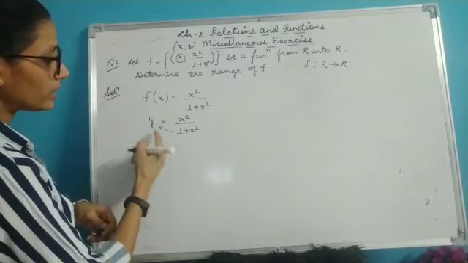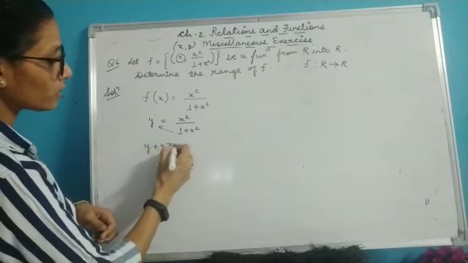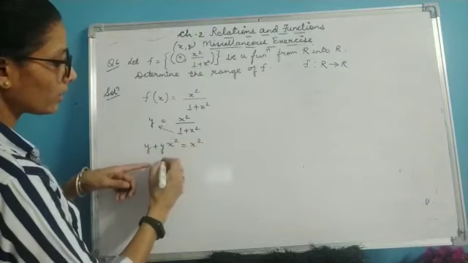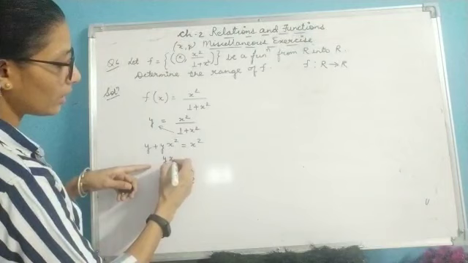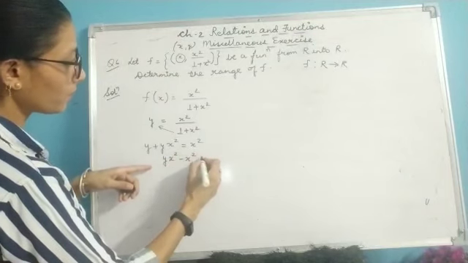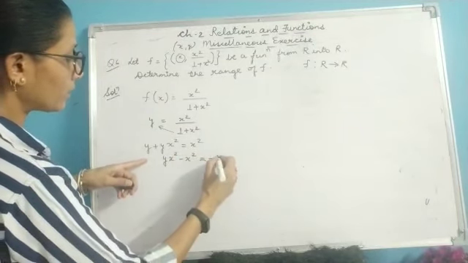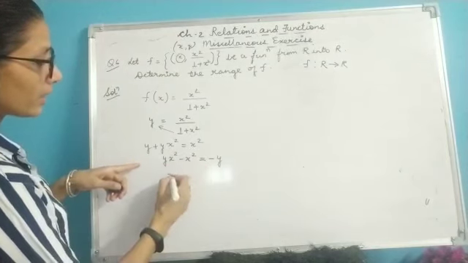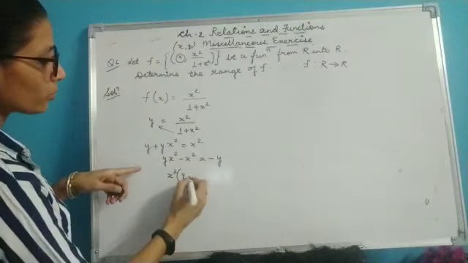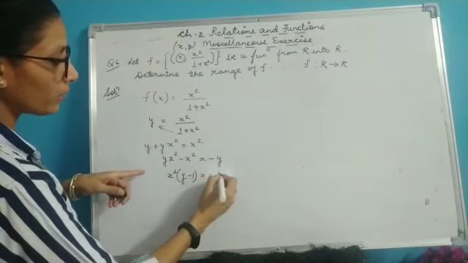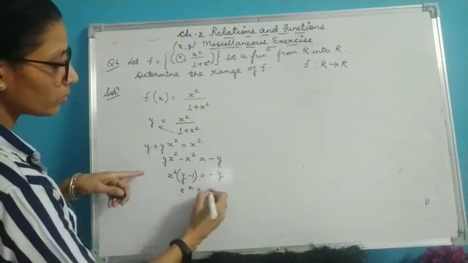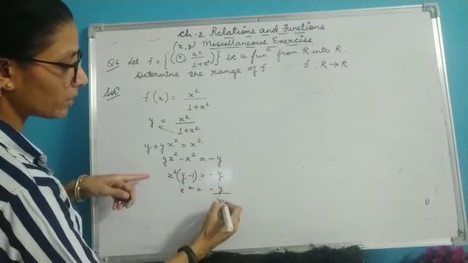So I will be cross multiplying it. So I will be getting it as y plus yx square equal to x square, and I can get it as yx square minus x square equal to minus y. I can take x square common here. So it is y minus 1 equal to minus y. So x square equal to minus y upon y minus 1.